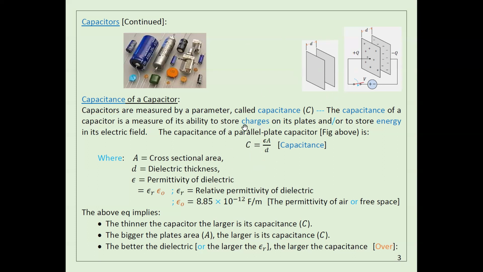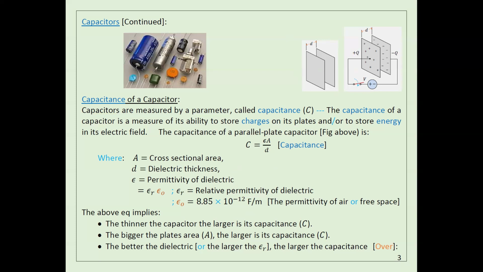But let's try to understand this formula. It tells me the bigger the area, the higher the capacitance. As you make the area bigger, the plate can store more charges, so the capacitance is higher. Number two, the smaller D. Here this is a big D, so the capacitance is small; it cannot store much.